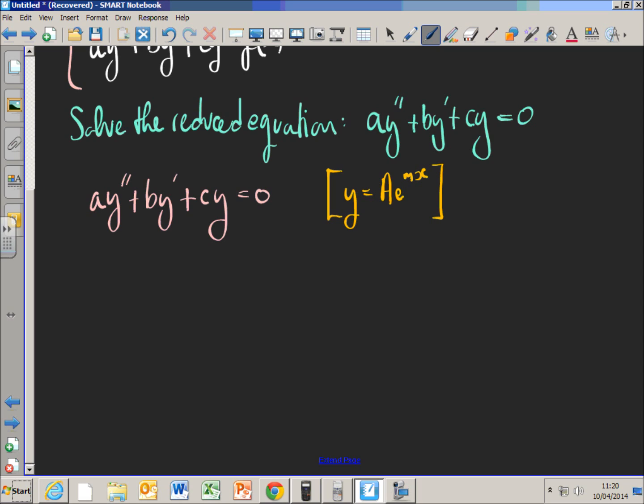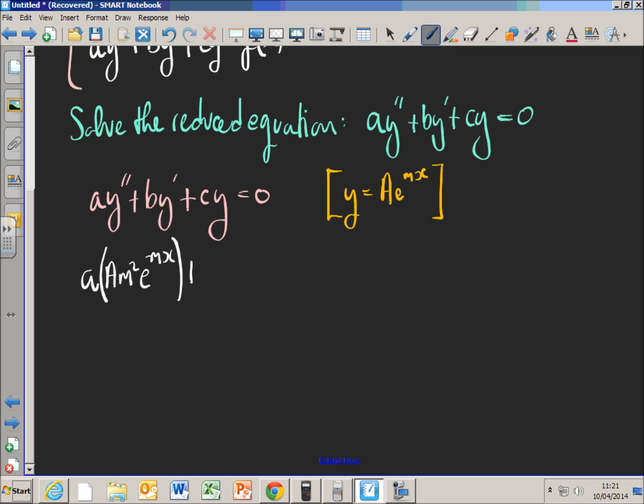The reason for this is when I put this y in here, I'm going to get a times the second differentiation of that y. What's the second differentiation of that y? a m squared e to the mx, because the m comes down on each differentiation.